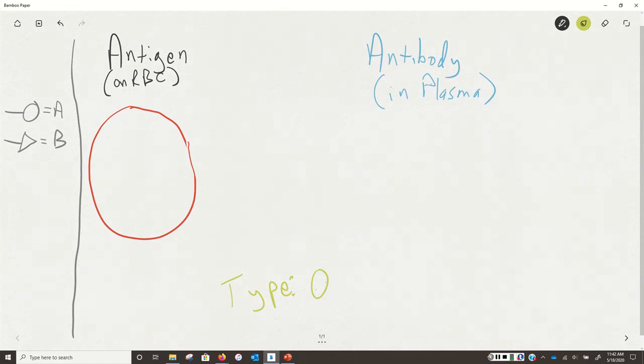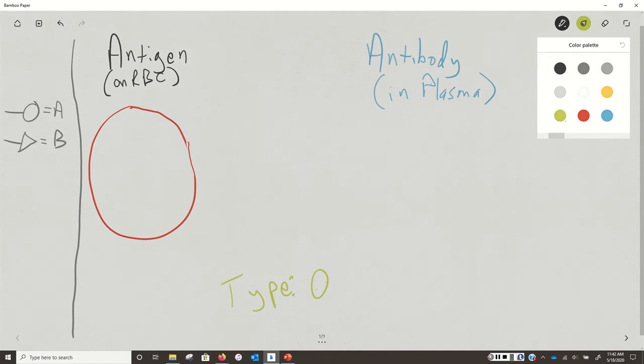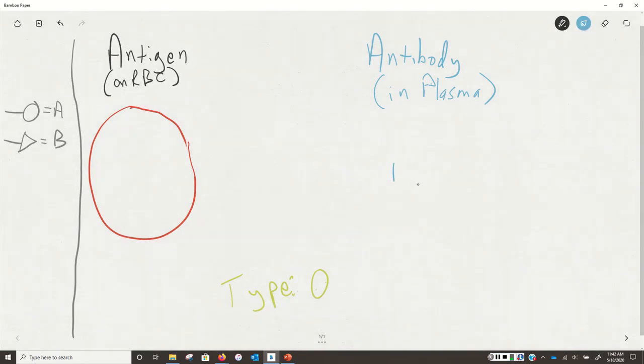But if they don't have A or B antigens, there should never be A antigens or B antigens in their body. What kind of antibodies would they have? Well, they would have anti-A, and they would have anti-B.